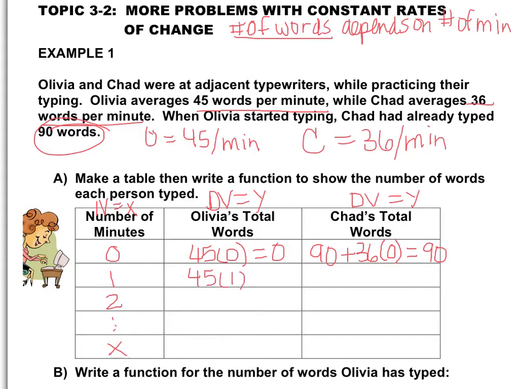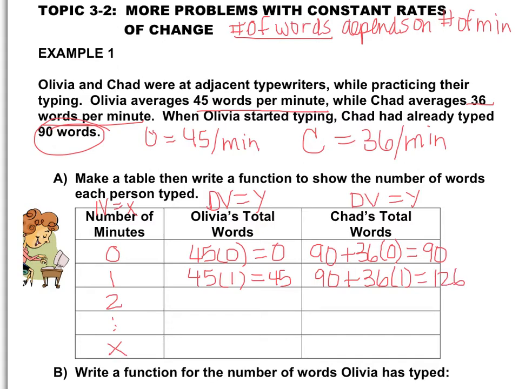So 45 times 1 is equal to 45. Chad has that original 90 words, and he's going to add another 36 words for that first minute. So 90 plus 36 is equal to 126.